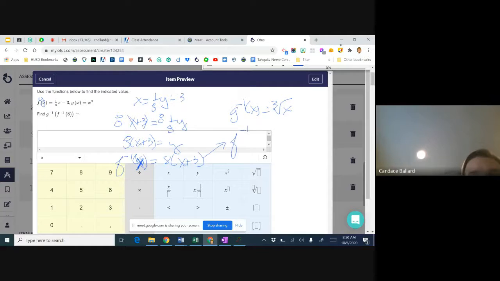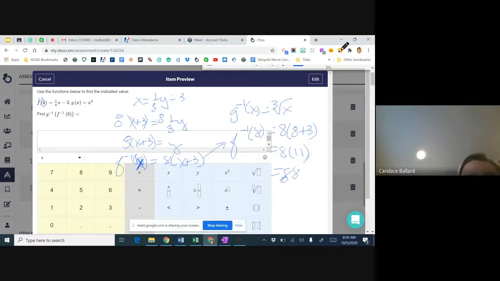So f inverse of 8 equals 8 times, I'm plugging in an 8, 8 plus 3. So let's see, 8 plus 3 is 11, right? So times 8 would be 88. Make sure I'm doing my arithmetic right.